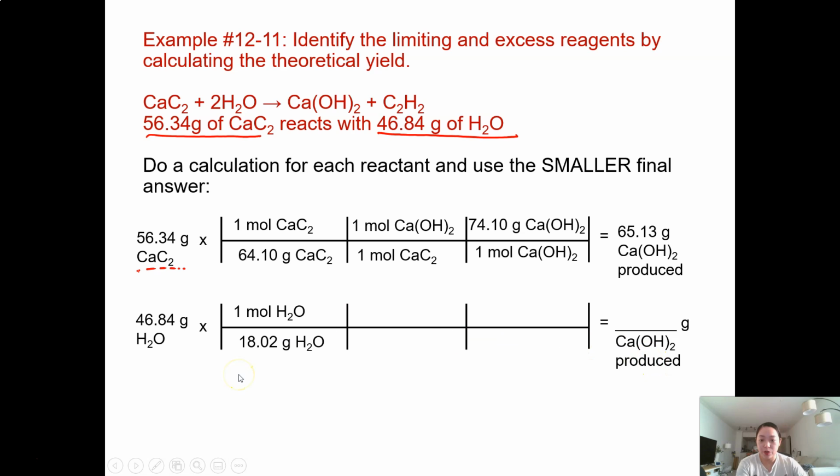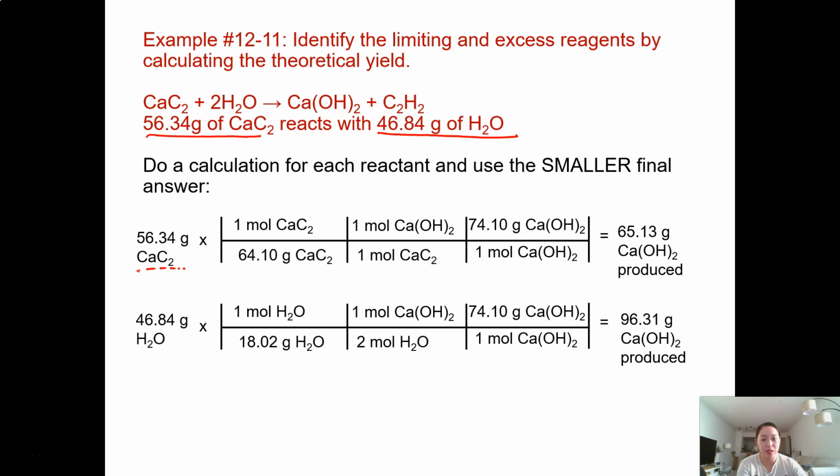I'm doing more stoichiometry using the same steps as before, giving me this number. Notice now that if I were to use up the entirety of our first reactant, which is calcium carbide, I get a smaller amount of product at the end, versus if I were to use up the entirety of water, I would get a bigger number of product at the end.